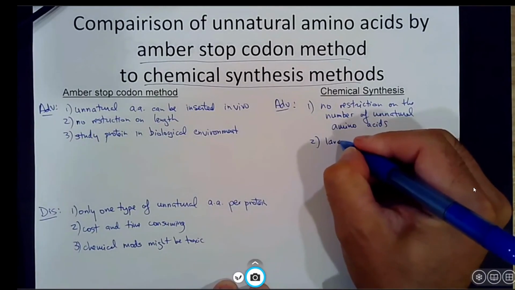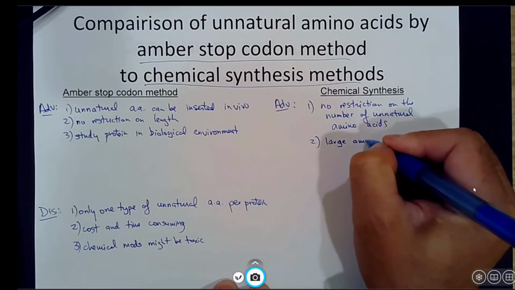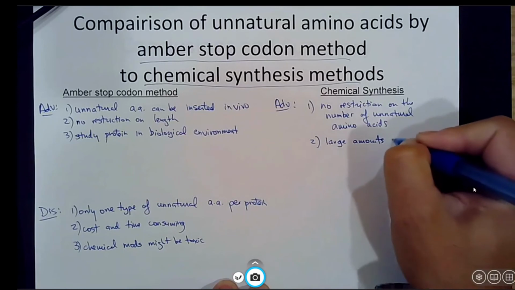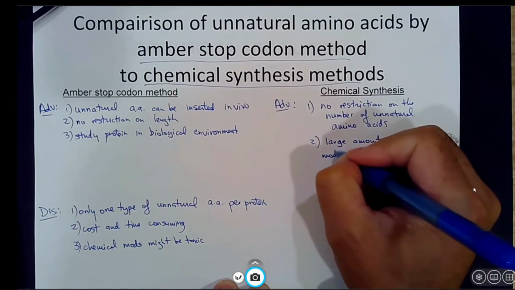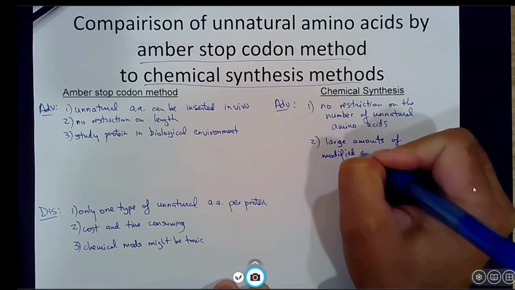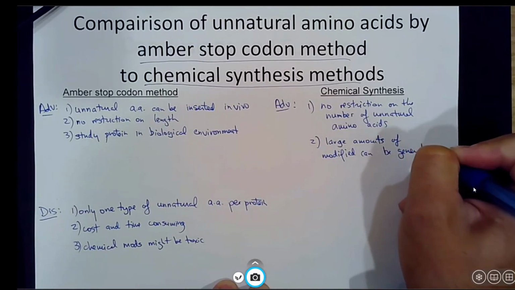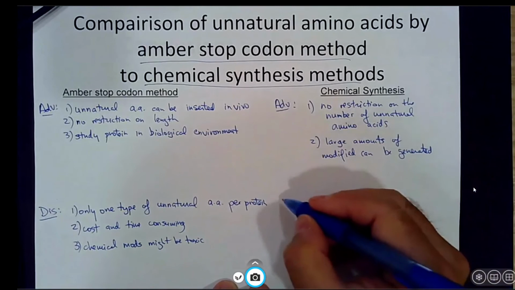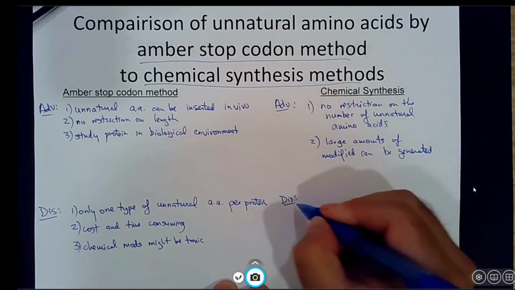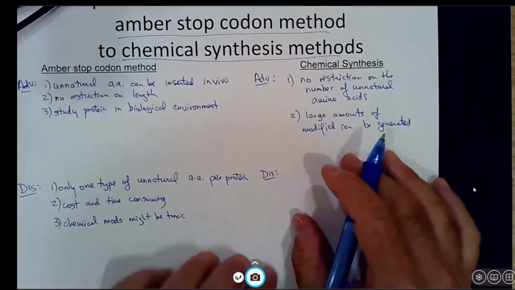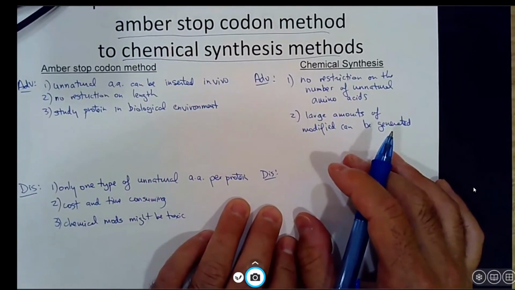As I just alluded to earlier, large amounts of purified, modified protein can be generated. Whereas if you're dealing with a cellular system, the yields might be low, and it might be quite challenging to get just your isolated protein from the cell, if that's what you're trying to do.